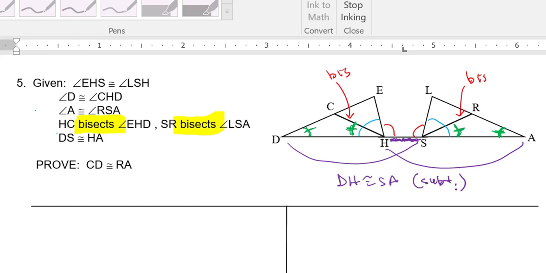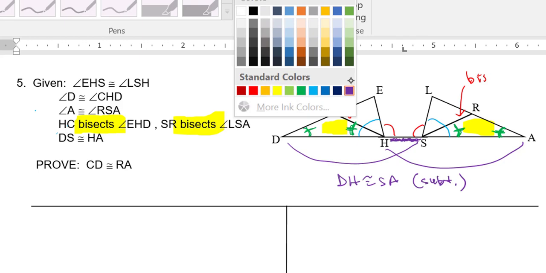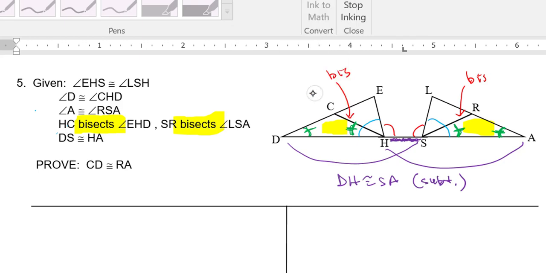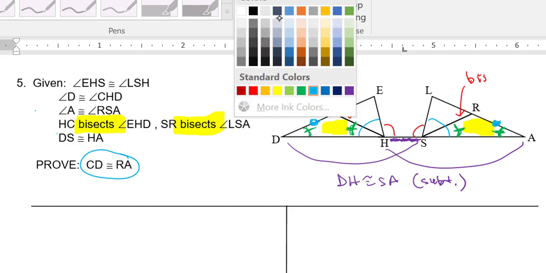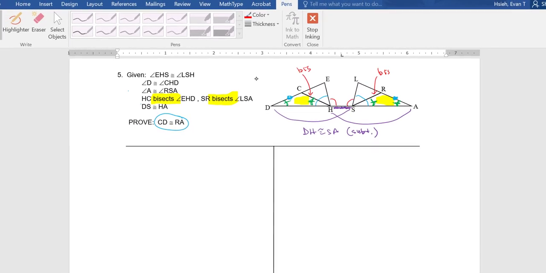And so a lot of this information, hopefully you can see, is leading me towards, and part of what you have to do is figure out which triangles are going to end up being congruent here. It's leading me towards those two triangles being congruent. Now you have to ask yourself, does that help? Well, if I'm looking for this to be proven, this side and this side, that's just going to be a CPCTC there. Okay, so hopefully you can see that it's a pretty complicated proof. Let's go ahead and write it out a little bit just to get some sense of how crazy this one gets.